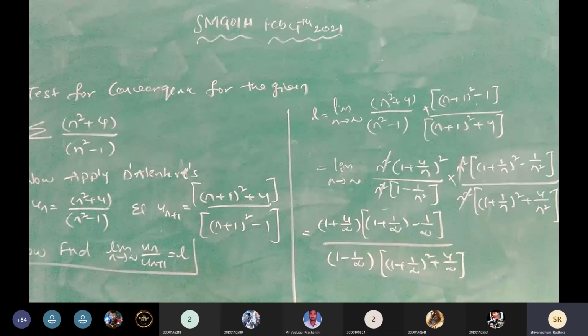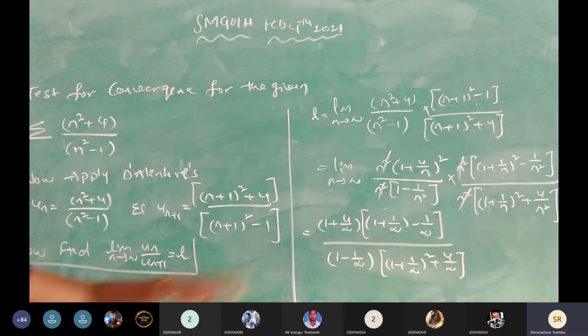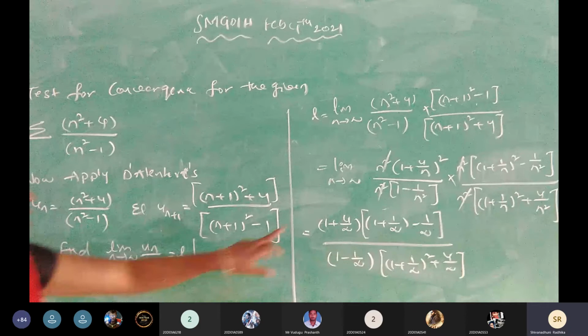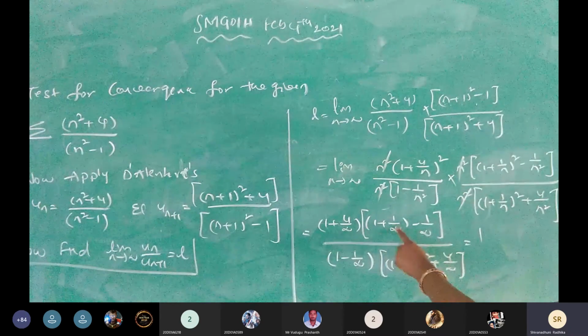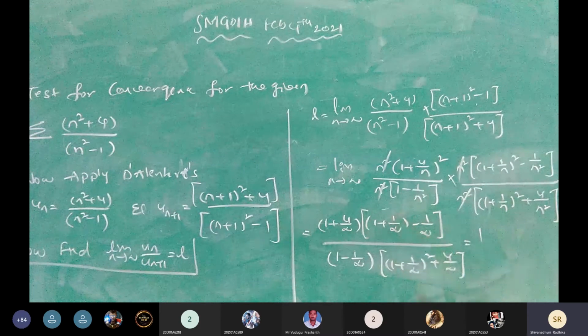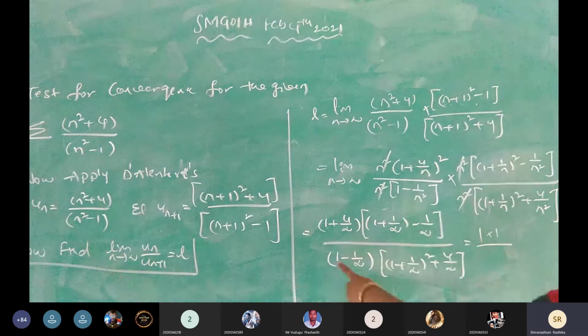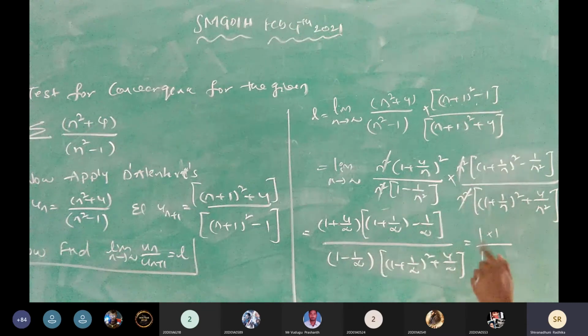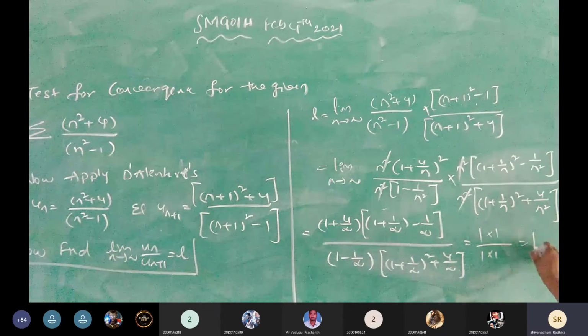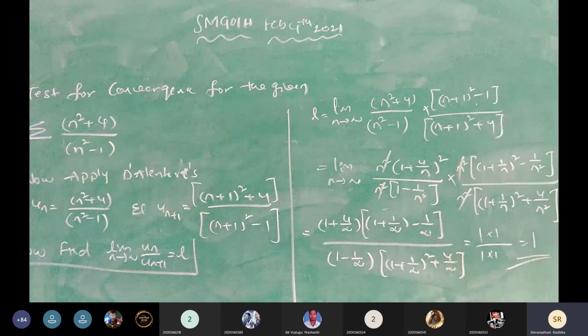Any number divided by infinity is 0. Now simplify: 1 plus 0 is 1, 1 minus 0 is 1, 1 plus 0 whole square is 1, plus 4 by infinity is 0. So that is 1. We are getting the value of L as 1.